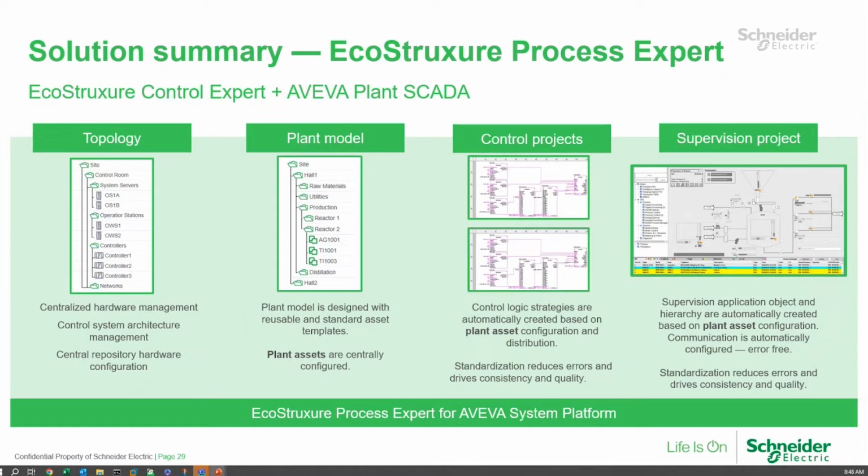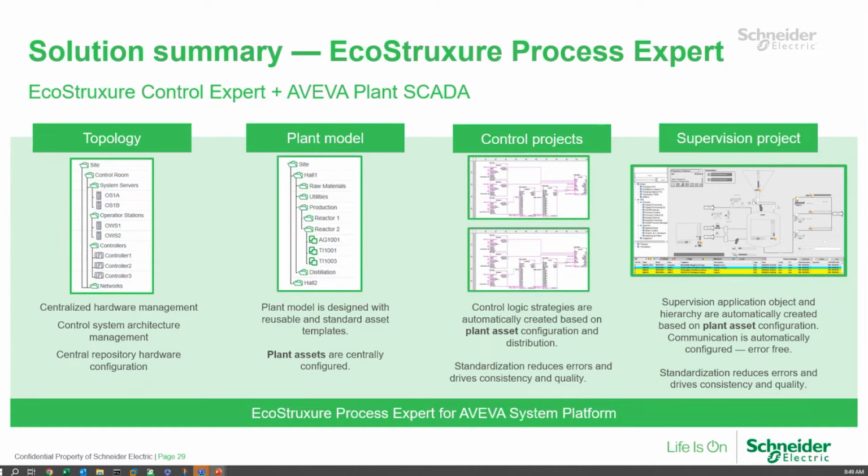So you do all of your control work with Control Expert and all of your supervision work with Viva Plant SCADA from within one environment. And it feeds one database where all of the information is stored. Not just the logic and the supervision system screens, but also all of the data that links the two is automatically created as you go through.